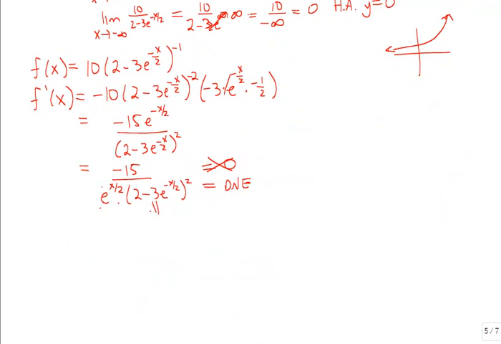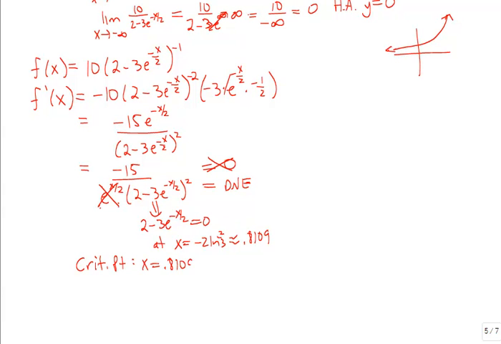So this equals 0 at negative 2 ln 2/3, which is approximately 0.8109, that vertical asymptote that we had. And this didn't happen, so we don't have to worry about that. Okay? So our only critical point is going to be at this 0.8109, that vertical asymptote.